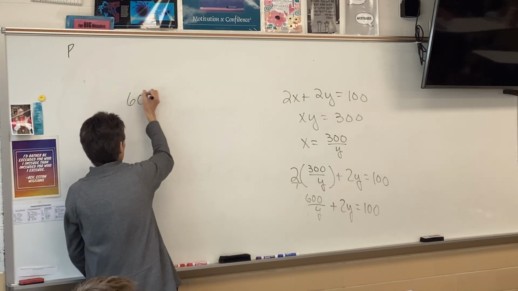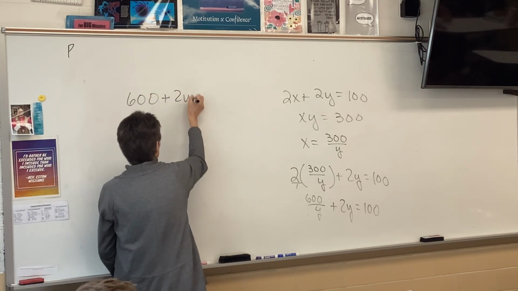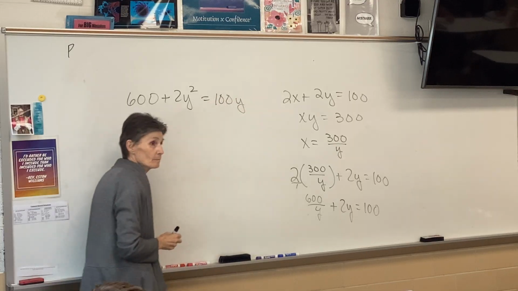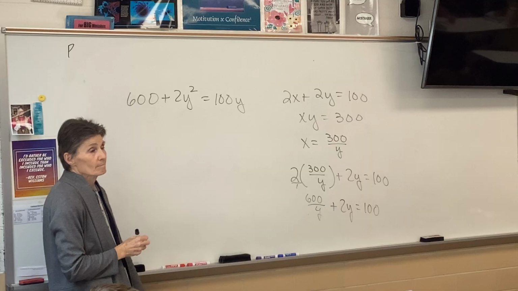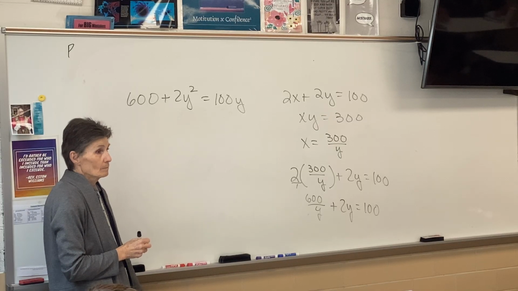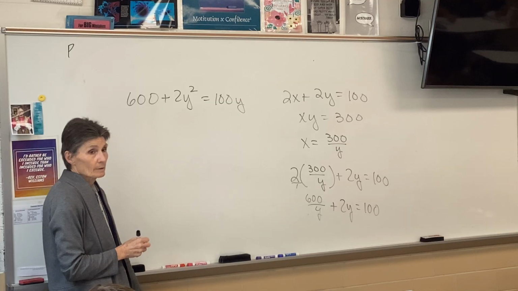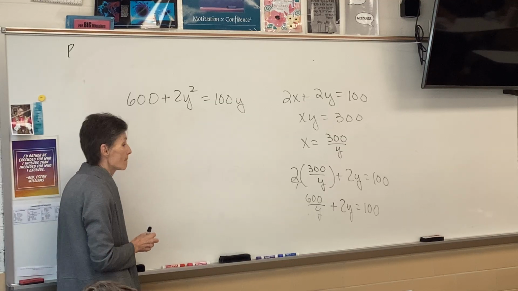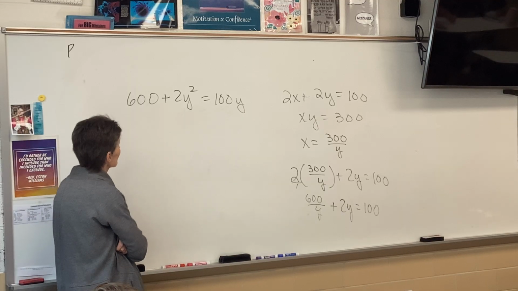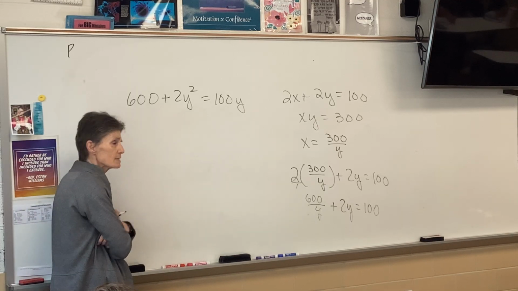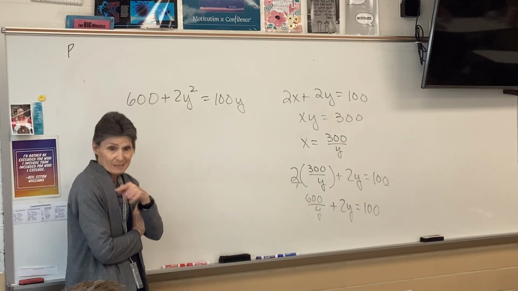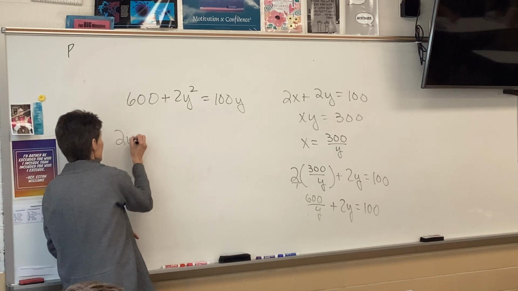So I'm going to have 600 plus 2y squared equals 100y. Okay, now what? What kind of equation is that? It is a quadratic, yeah. So let's get it set equal to 0.